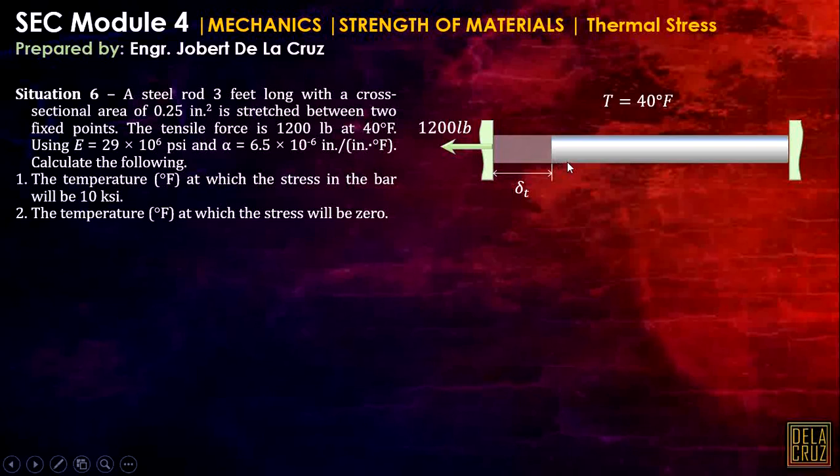Kaya, pag ganito, pa-shrink siya. Pag nag-shrink, that is a decrease in temperature. Okay? Bababa yung temperature natin. Pag nag-increase yung ating bar, that means that is a rise in temperature. Okay? Magra-rise yung ating material if we have a rise in temperature. Mag-shrink yung material if we have a decrease in temperature. Okay? So, please understand this one.